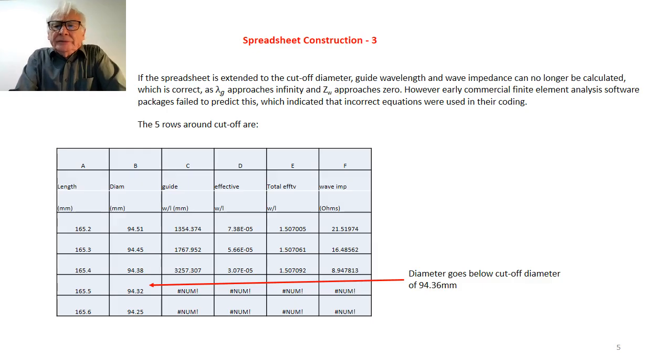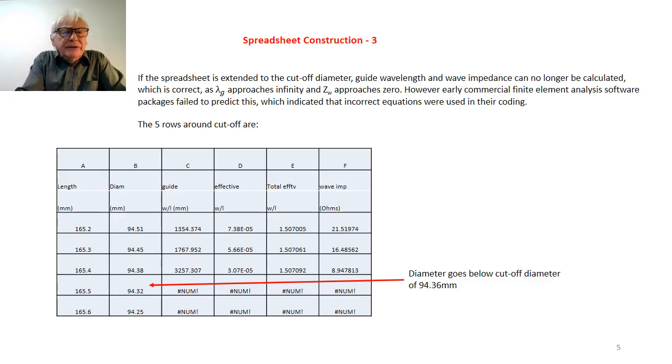This is quite important because it shows that the spreadsheet itself is actually modeling a real microwave condition within the cavity. This isn't just doing a few sums. This is actually modeling correctly what's happening to the electromagnetic wave inside the cavity.